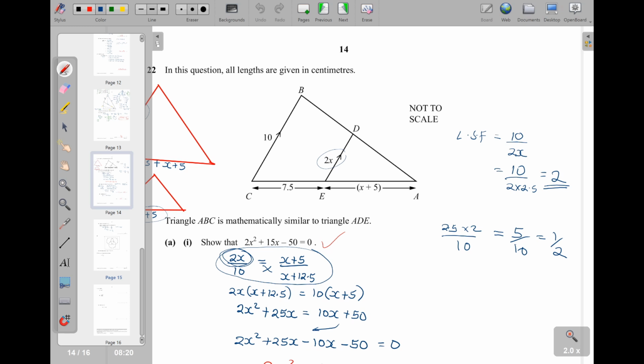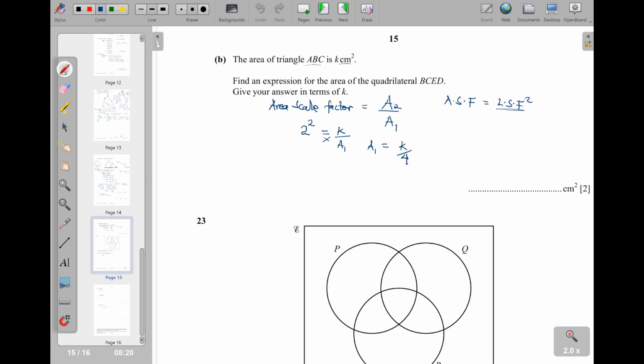So that simply implies that area of BCED is going to be area of the bigger one, which is K, minus area of the smaller one, which is K over 4. So 1 minus a quarter, those are 3/4. So that means our answer is going to be 3 over 4 of K.